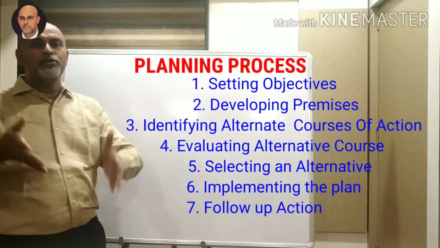Just like when we go to the market, we want to buy a kg of apples and there are different varieties of apples. So you will think as per your budget what to buy. So you have selected. Once you have selected, you are going to implement the plan. And implementing the plan means you are actually putting it into working progress.